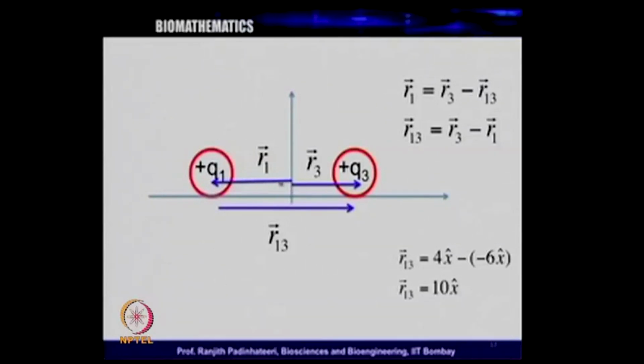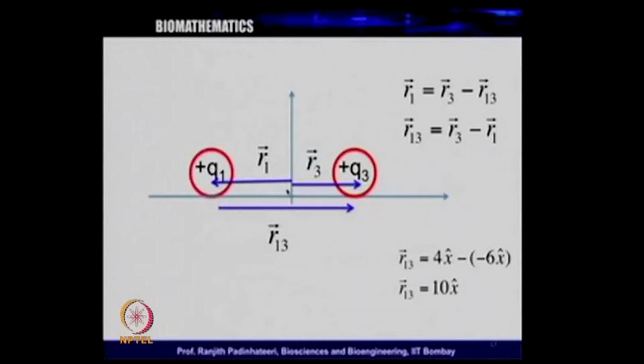Going from here to here in this direction is R3, and R13 is going from the first charge to the third charge. Be careful, just look at this carefully. R13 is the distance from here to here.